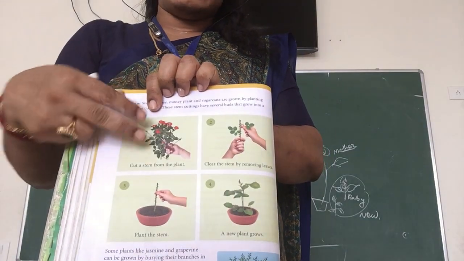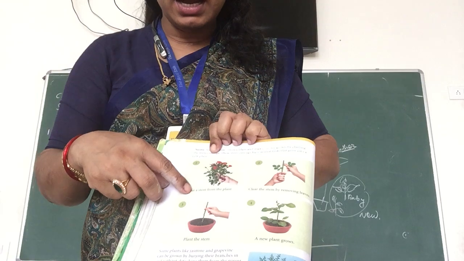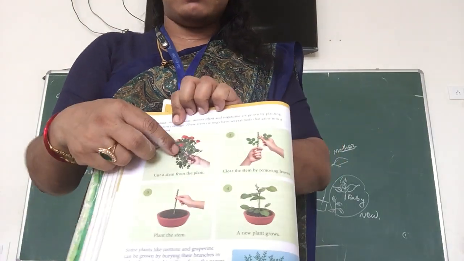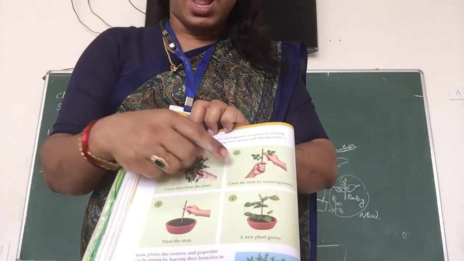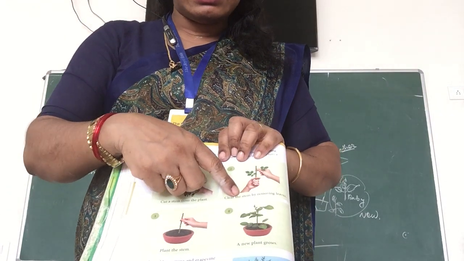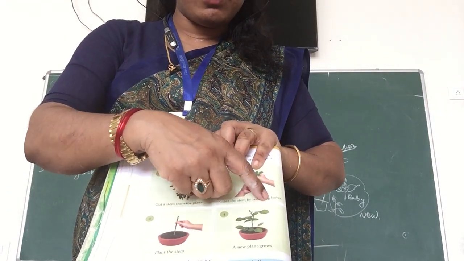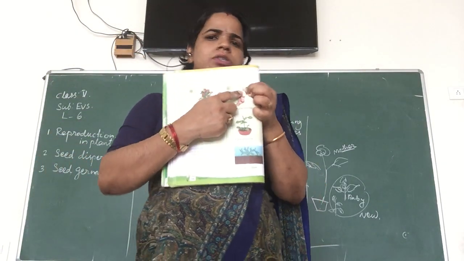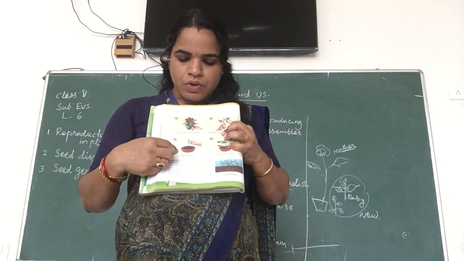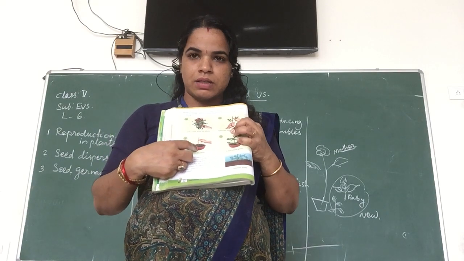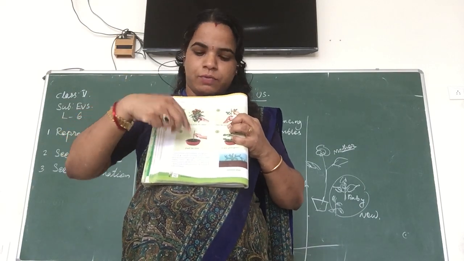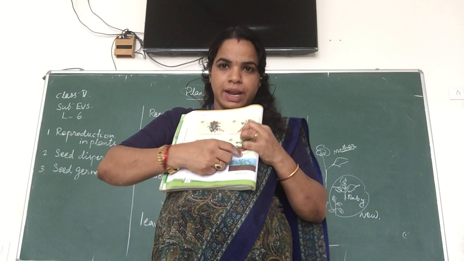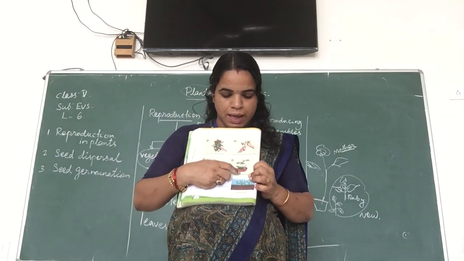First we cut a stem from the plant. Next we clean the stem by removing the leaves. If you don't remove the leaves, there is no problem. Then we plant the stem in fertilized soil, and next a new plant grows.